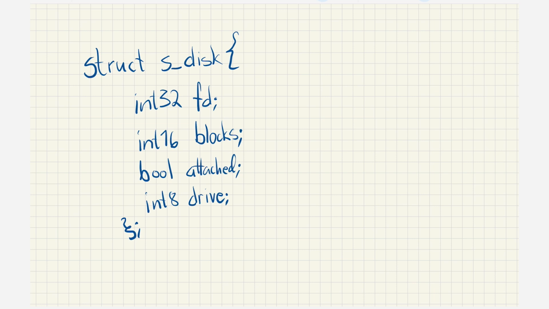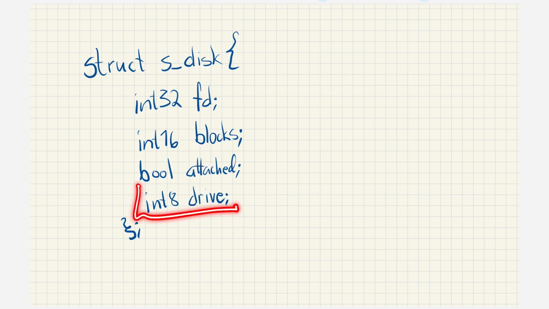So that's similar to if it's mounted, but on the actual disk layer, because if it's mounted or not is at the file system layer, but this is if the file on disk is open, basically.